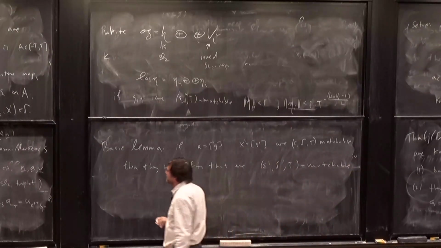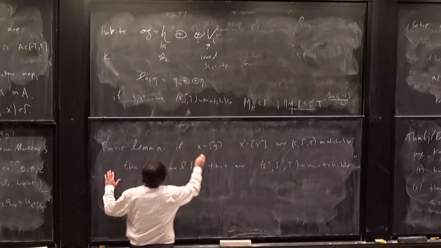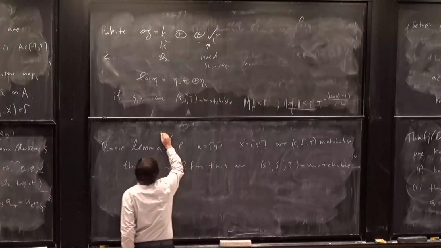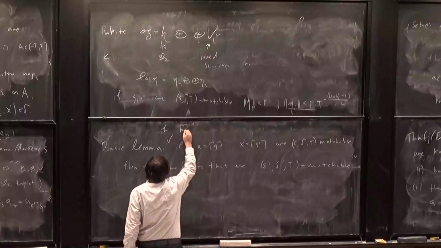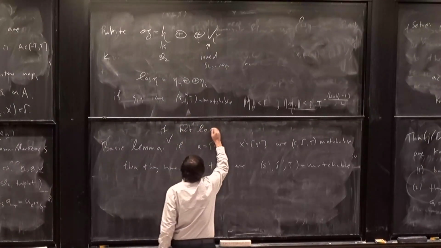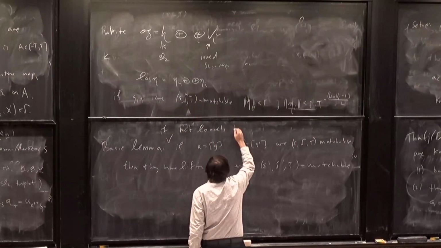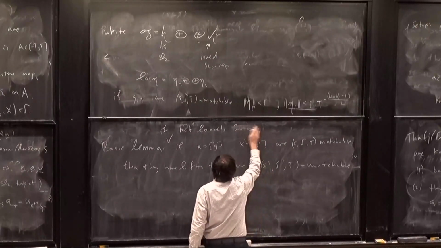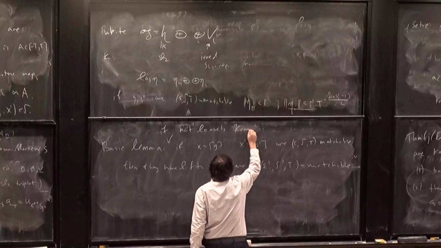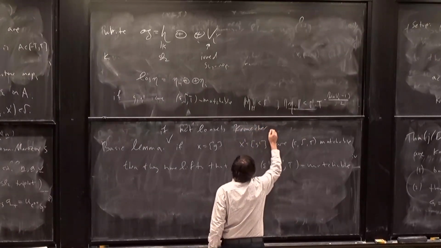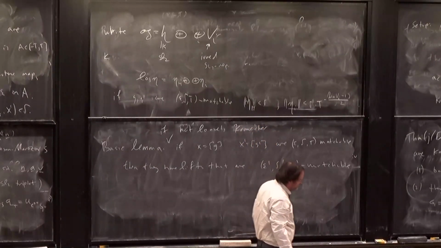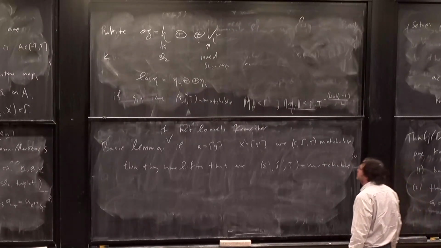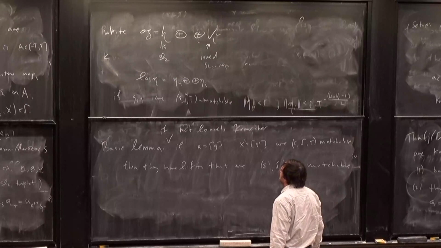So this is the basic lemma: if this is matchable, and if we are not in the loosely Bernoulli case, loosely Kronecker. Some people say loosely Bernoulli of entropy 0, but loosely Kronecker seems to me a better name.